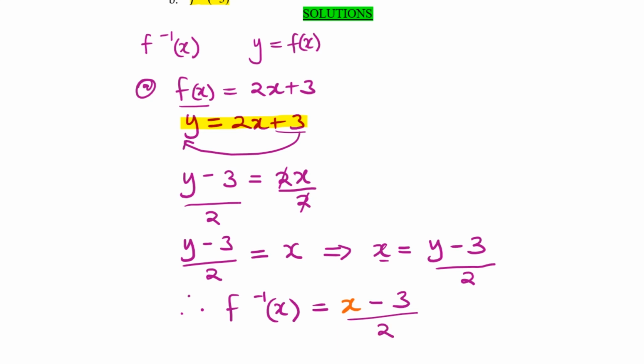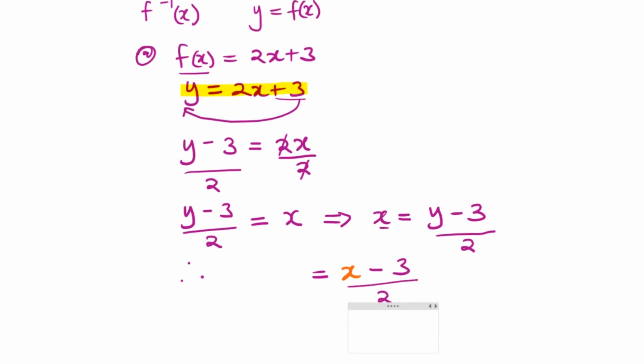So on this side, where there is x, we are replacing by f inverse x is equal to, where there is y, we have replaced by the variable x, and these others will just remain the same. And when we do this, then we have found the inverse of x, or f inverse x.